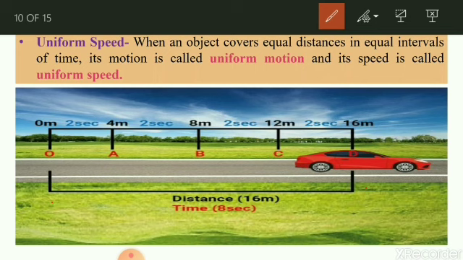The car covers each 4 meter in 2 seconds, means equal distances are covered in equal time intervals. So its motion is called uniform motion and its speed is called uniform speed.